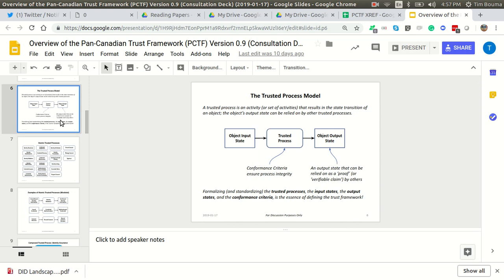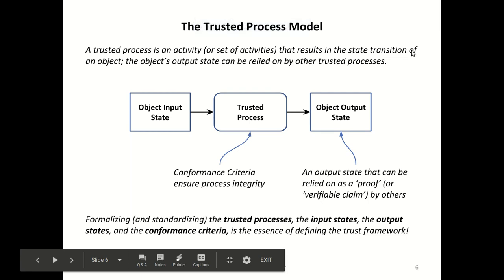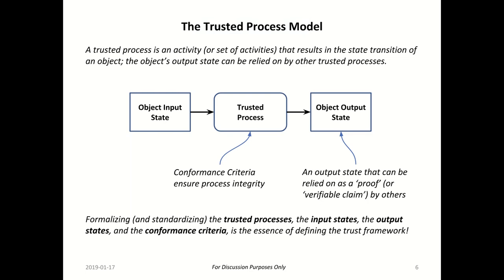I'm going to go to the consultation deck that I have here, and I'll very quickly just go through what the trusted processes are. So what we're defining is a series of identity management or identity trusted processes, and very simply, a trusted process is an activity or set of activities that results in a state transition of an object from an input state to an output state.